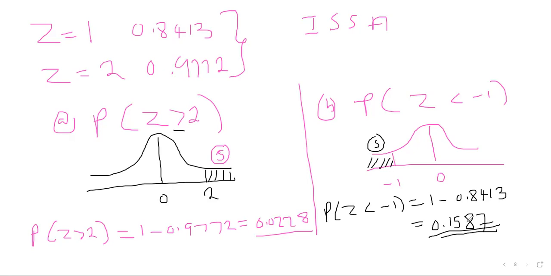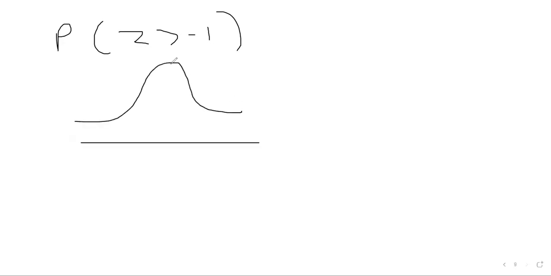All right. Now suppose we were asked to find the probability of greater than -1. The same figures, but the narrative would change. So our 0 is there, our -1 is there.